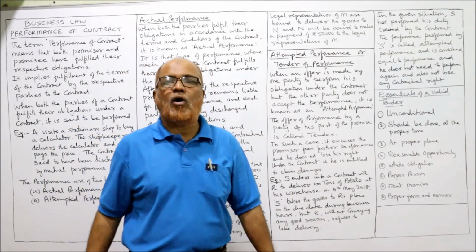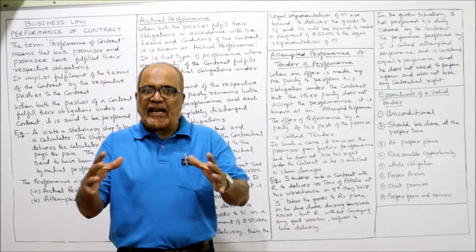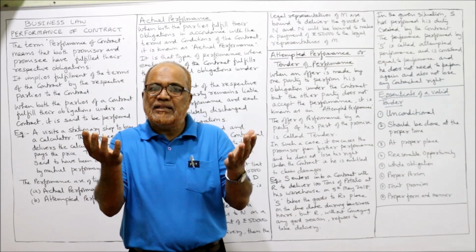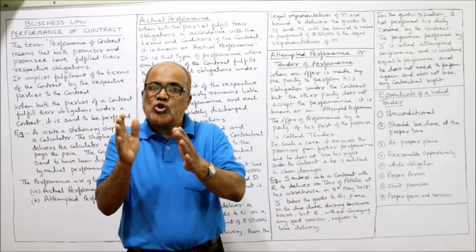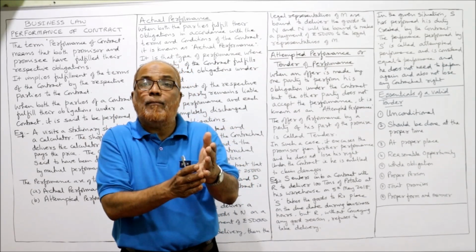Last one, proper form and manner. That means if in the contract some proper form or manner of completing the obligation is specified, then the offer should be according to the proper format and manner.